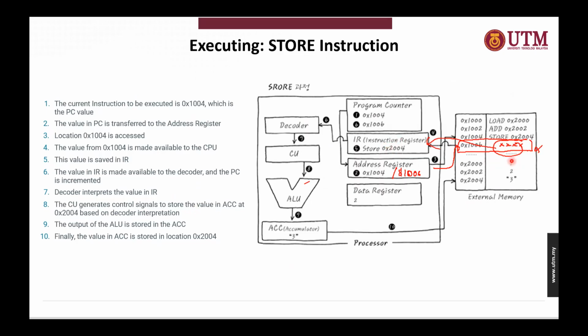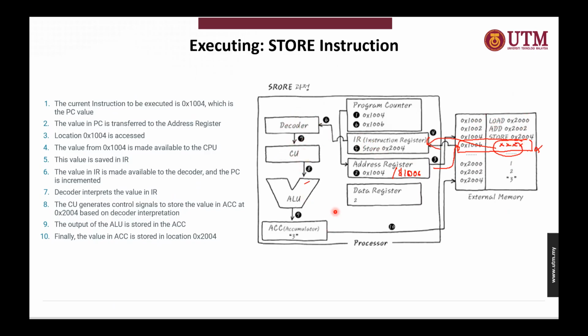So this is how the fetch, decode, and execute cycle happens. Fetch, where the program counter fetches the instruction from the program memory to the instruction register. Decode, where the decoder is used to translate this instruction to machine language so that the control unit knows what it's going to do.